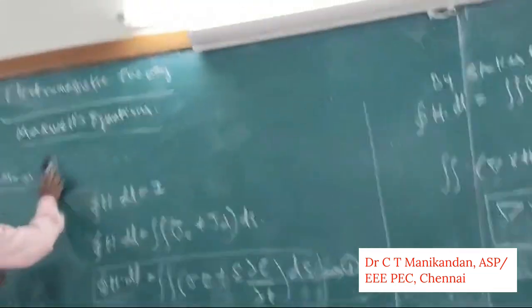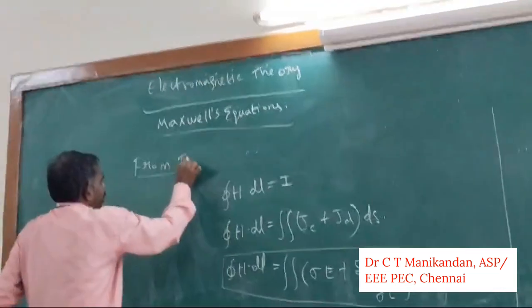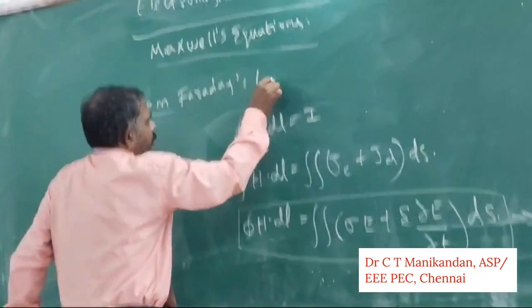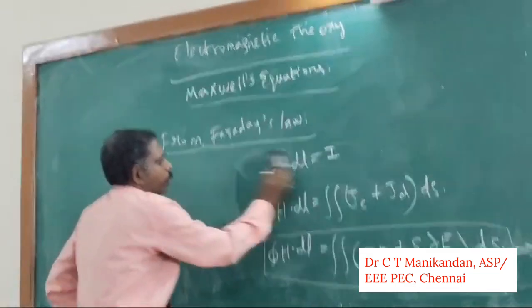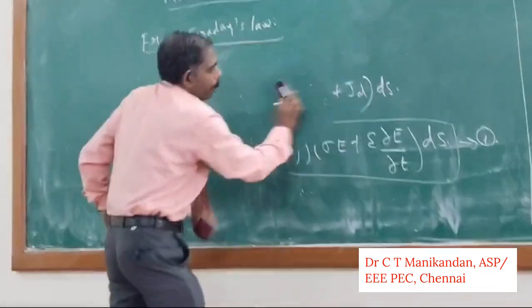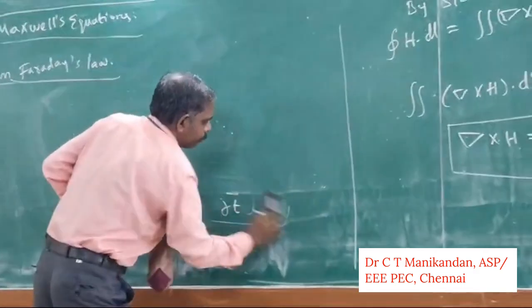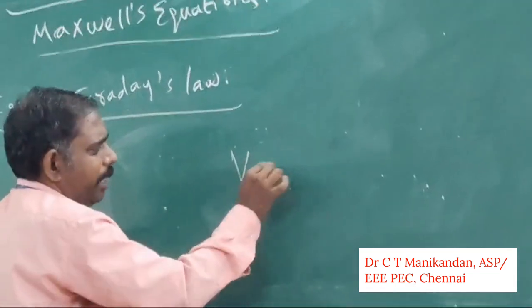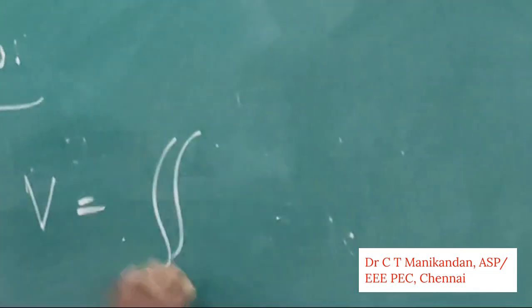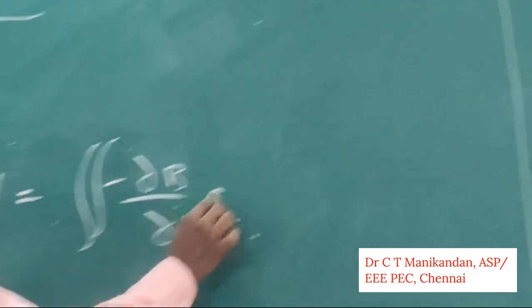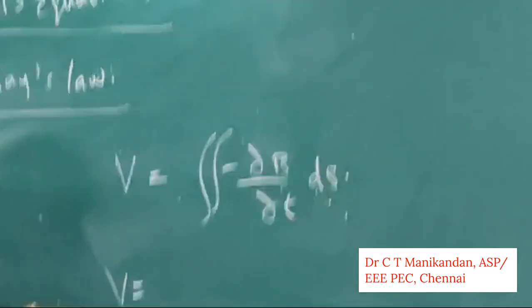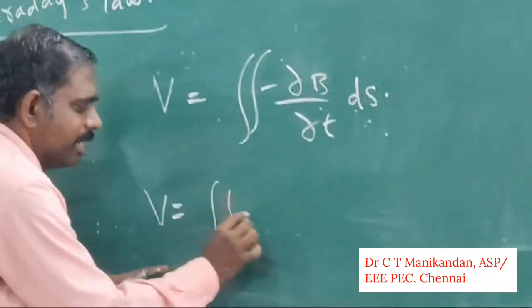Next, from Faraday's law we can derive Maxwell's equation, where we have the potential and magnetic field. This can be expressed as minus dou B by dou t dot ds. Once again the potential and the electric field can be expressed as V equals integral of E dot dl.